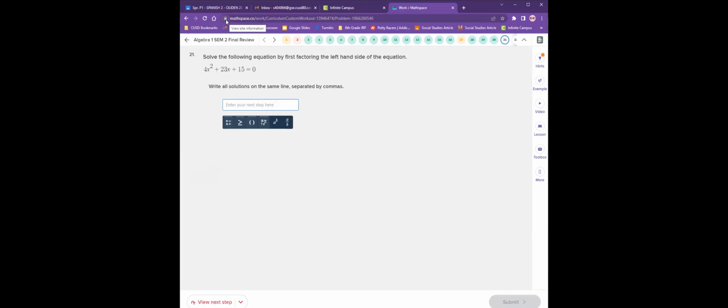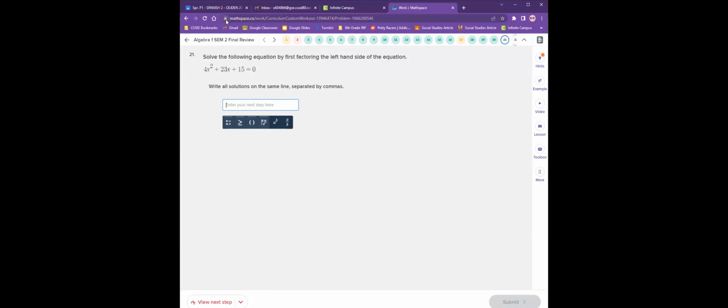Factor the left-hand side of the equation. It looks like it's a grouping. So that's not 15 and 4, it's 20 and 3. That's 4x squared plus 20x plus 15 plus 3x. Then you factor out 4x, and you get x plus 5, and 3.